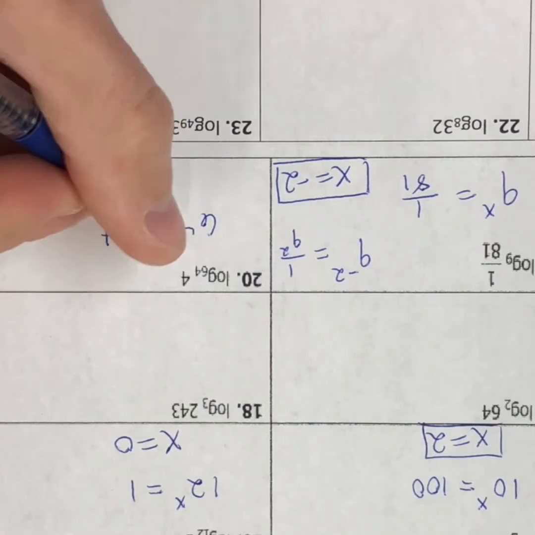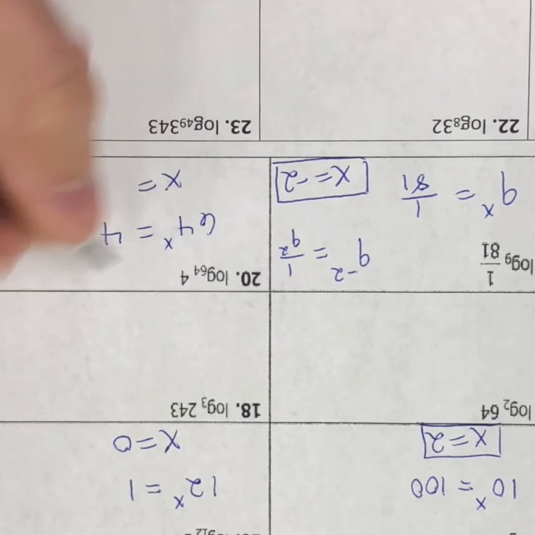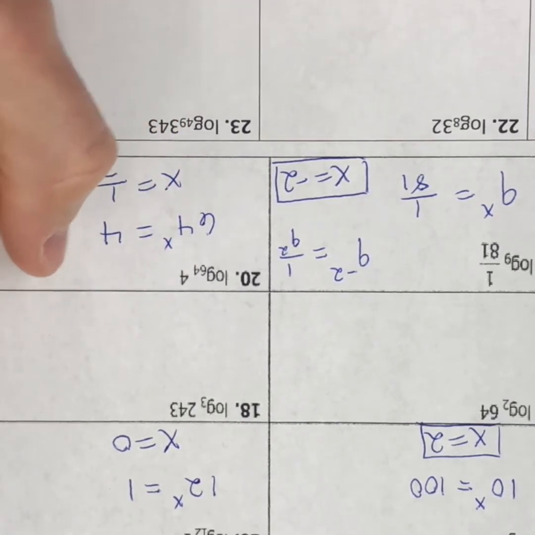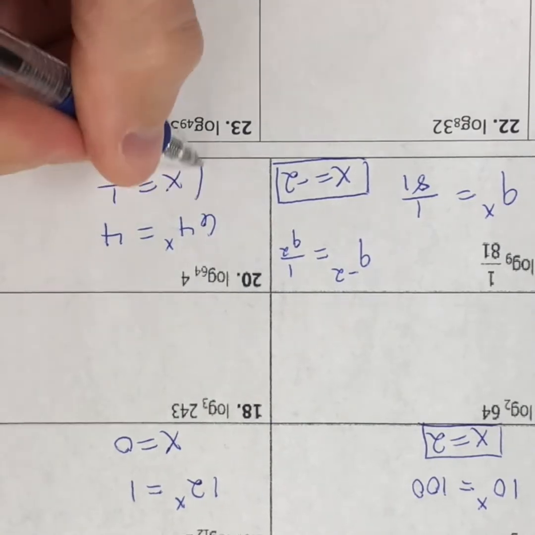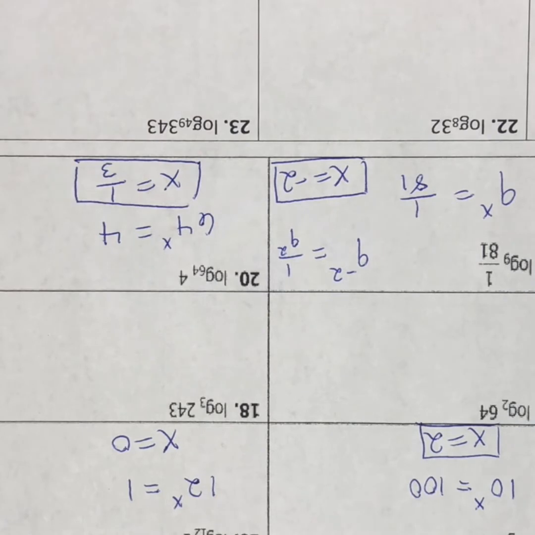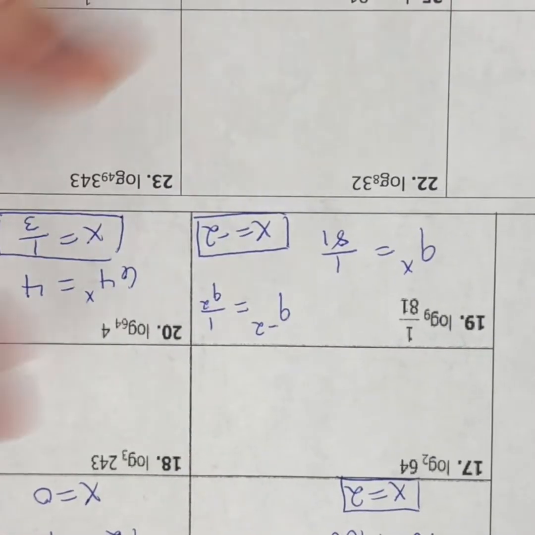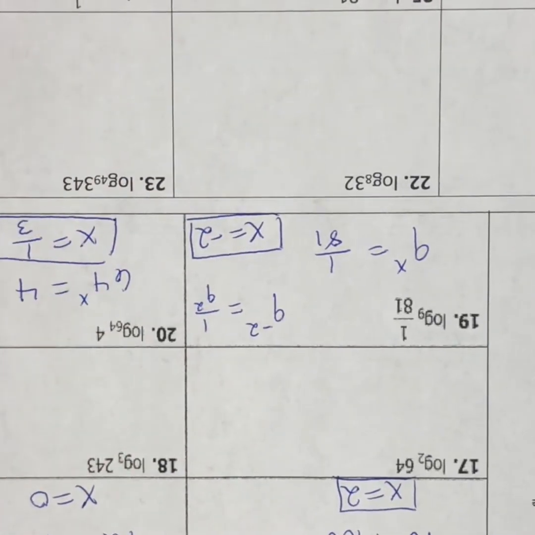In this case, it's a cube root, so we're going to need another fraction. We're going to need x equal to 1/3, because the cube root of 64 is equal to 4. 4 times 4 times 4 would get you 64.